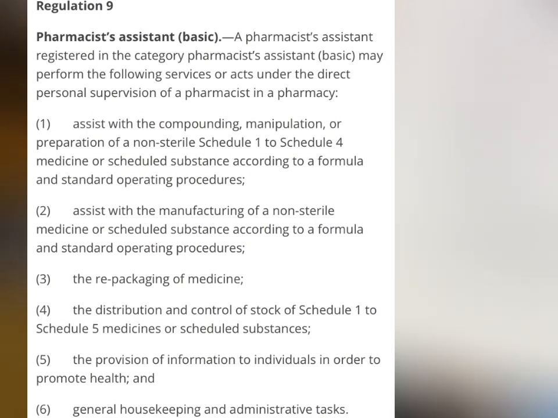A basic pharmacist assistant can assist with compounding, manipulating, or preparing of non-sterile Schedule 1 up to 4 under the direct supervision of a pharmacist. They are allowed to assist with manufacturing of non-sterile medicine or scheduled substances. The post-basic can help with preparation and manufacturing of sterile and non-sterile medicine up to Schedule 5. So that means the post-basic have a wider scope of practice than the basic assistant.